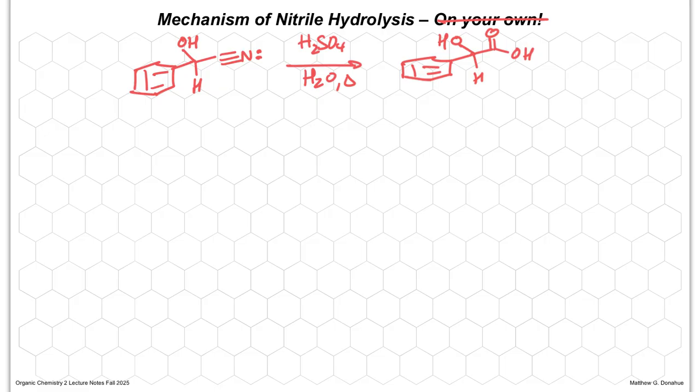So we'll apply our principles here where we know that sulfuric acid is an acid. And based on what we're trying to do is get rid of that nitrogen. We see the nitrogen of the cyano group has a lone pair, so that can be a base. So we can protonate that.